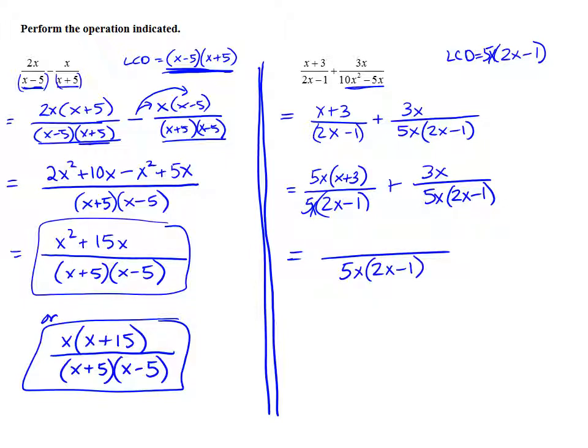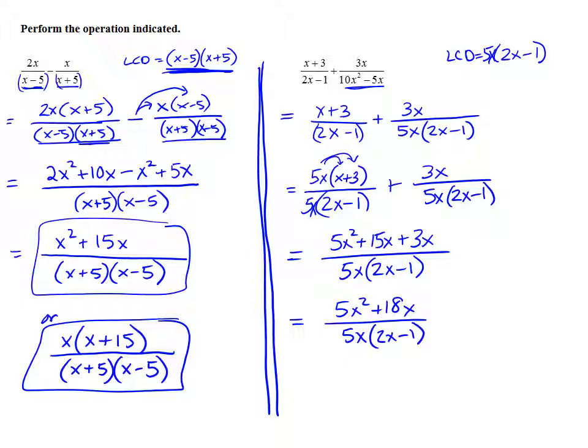We're going to go ahead and add the numerators, but before we can add them, we need to distribute. So I have 5x squared plus 15x, and then I have that plus 3x. Now I can collect like terms in my numerator, 5x squared plus 18x all over 5 times x times 2x minus 1.